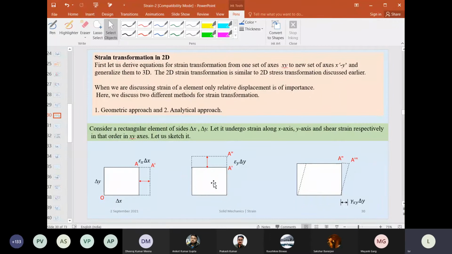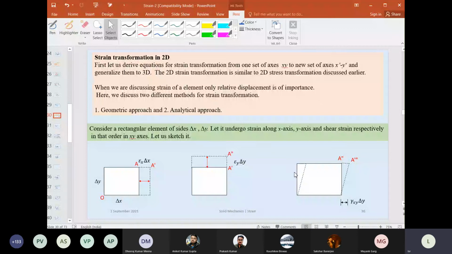Let us say we have uniform strain for easy understanding. So the total deformation A dash to A double dash will be equal to epsilon y into dy.